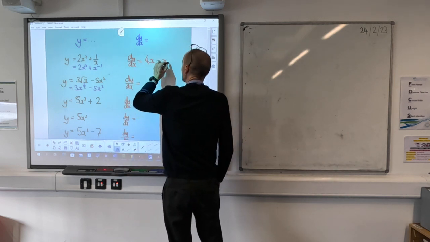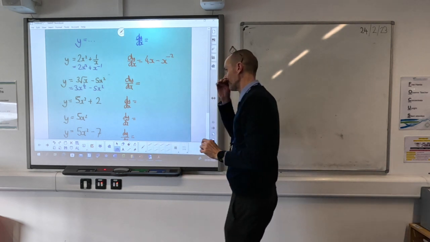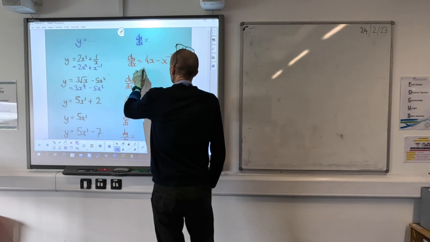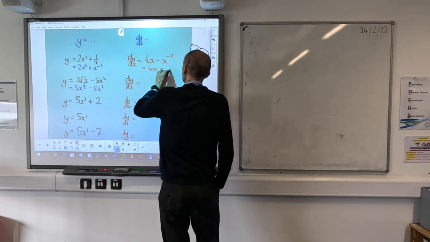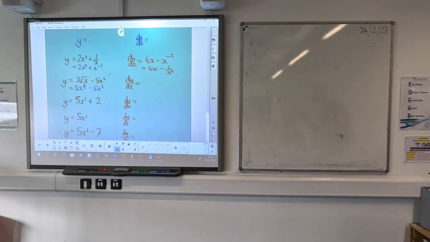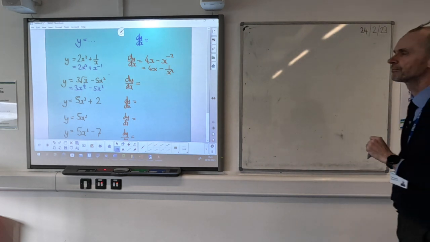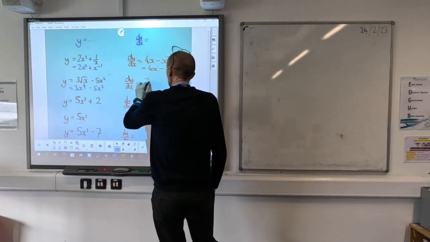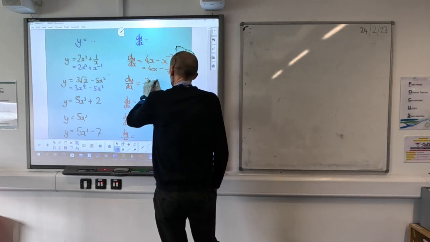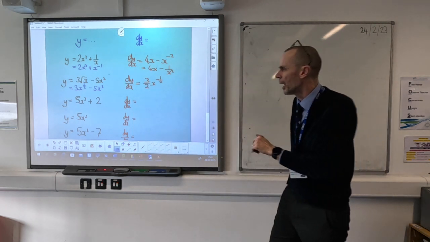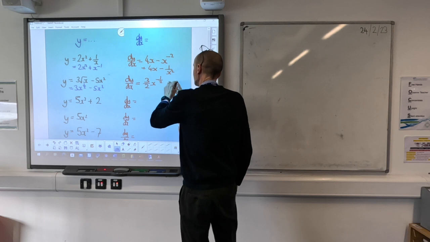So that first one becomes 4x minus x to the power of minus 2, and that's probably best rewritten as minus 1 over x squared. That's what x to the minus 2 means. The second one becomes 3 over 2 x to the minus a half, minus 10x.